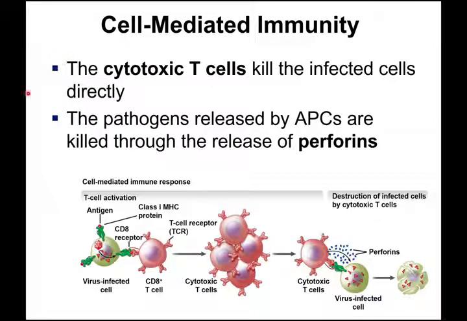Okay, so this is what is shown here. Now you have the antigen presenting cell here using a different major histocompatibility complex, type 1 in this case, or class 1, to present the antigen to the CD8 plus T cells.